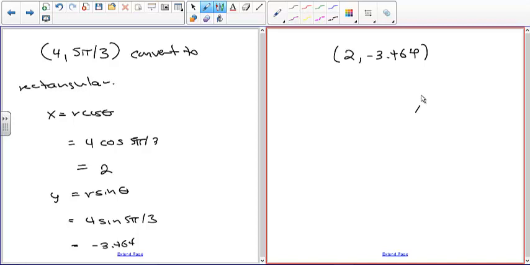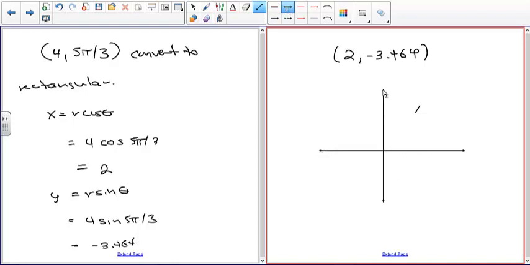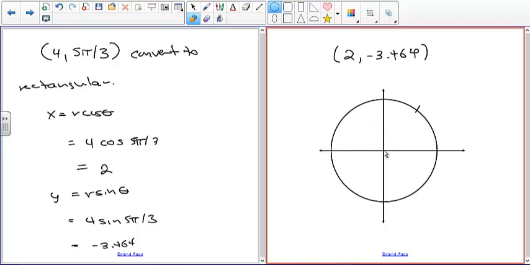Let's just think about this, just to double check. If I draw a circle with a radius of 4, and I go to 5 pi over 3, that would be right down here.